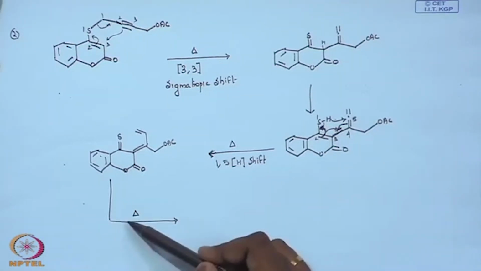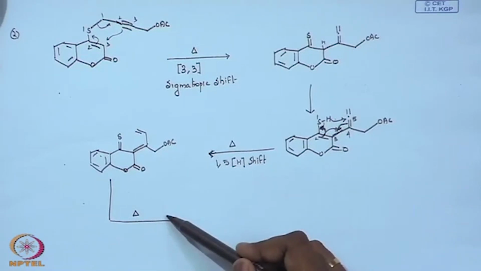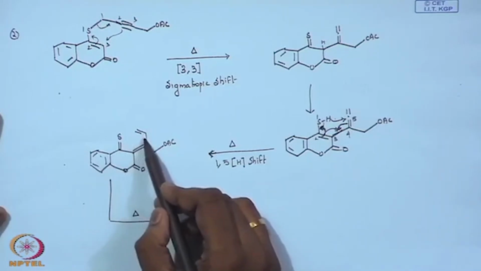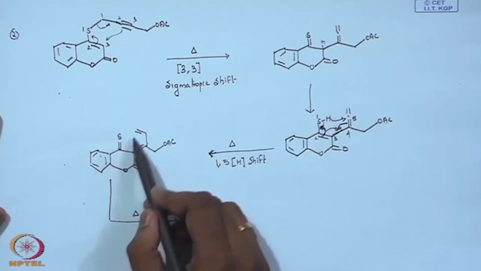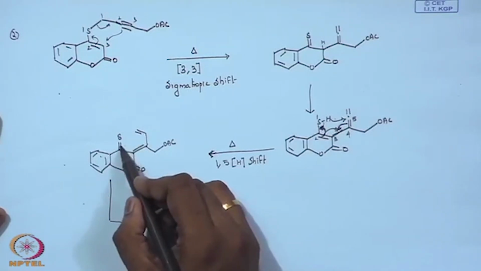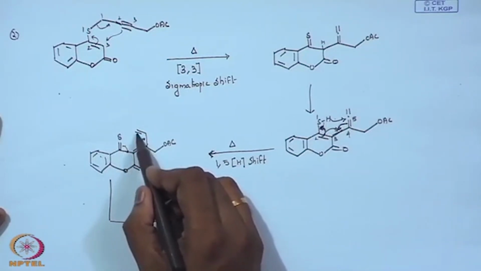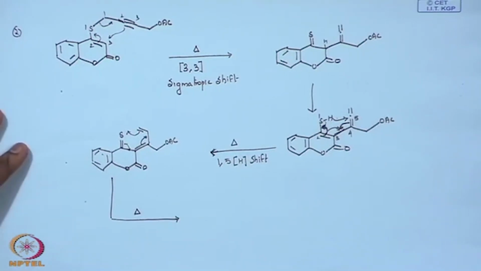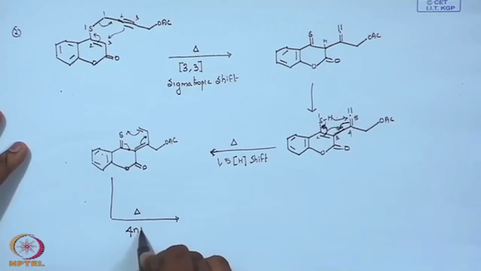After this, I am saying I am going to heat it. What can you think about? What system are you going to do? Because you can easily do a ring closure, right? Yes or no? That's all, you are done. So, heating. What is this? It's a 4n plus 2 system.